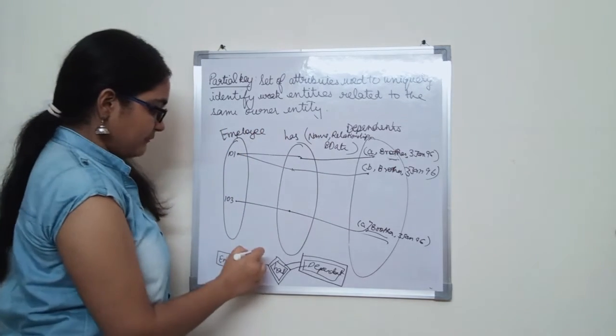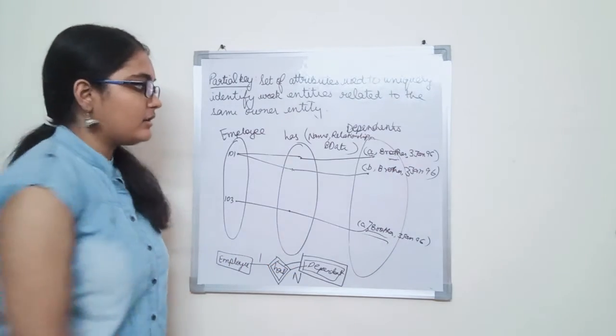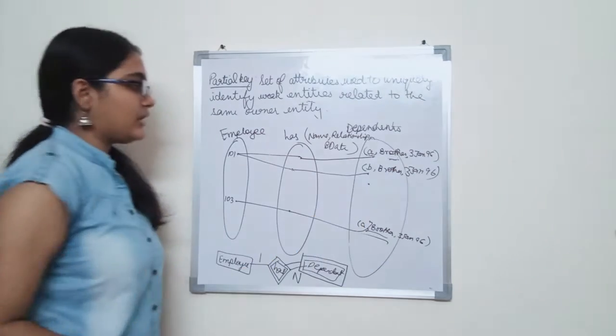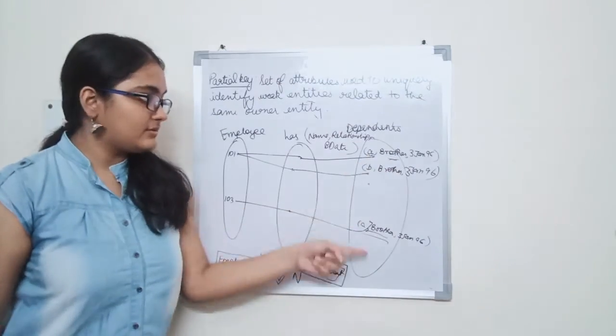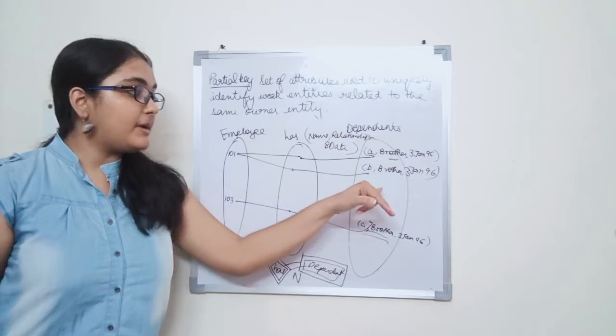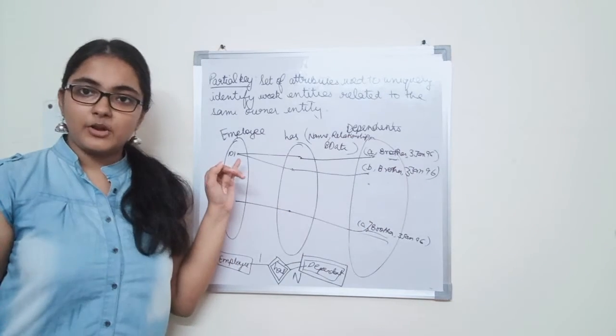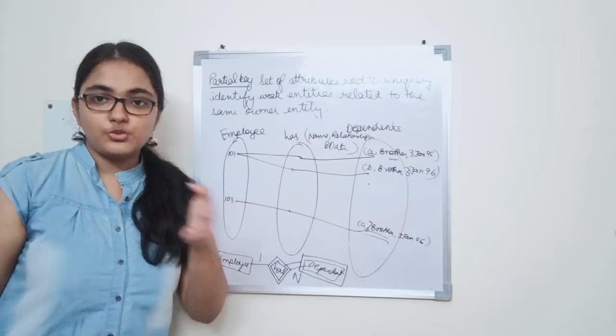An employee can have many dependents. Is it clear, or should I explain again? So what is the cardinality of this? How many maximum relationship instances can it participate in? A dependent can have just one corresponding employee. It is not possible that one dependent belongs to two different employees.